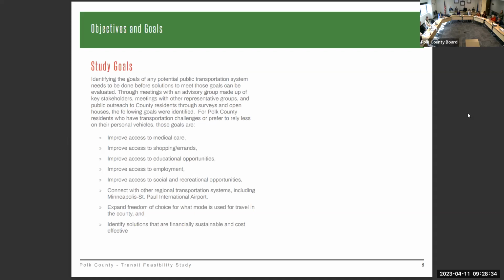Connection to other regional transportation systems, particularly a lot of people mentioned Minneapolis-St. Paul International Airport. And then freedom of choice for modes, because a lot of people are locked into single, particularly in rural areas, locked into personal vehicles. And then look at the solutions and trying to come up with something for the next steps that's financially sustainable and cost effective.